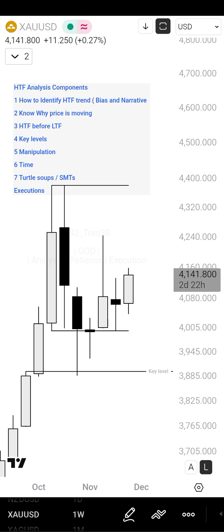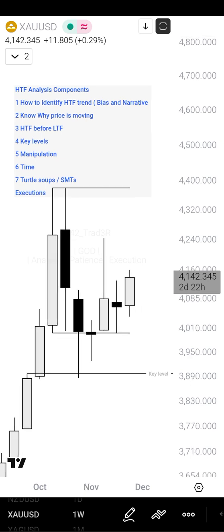As a candle trader, as a CRT trader, we look out for manipulation and time a lot. So what we have here is a gold weekly chart, and I'll be using it to explain manipulation in a little bit.